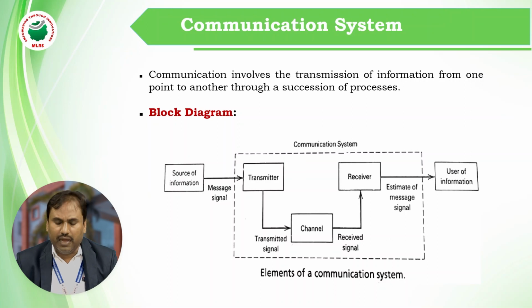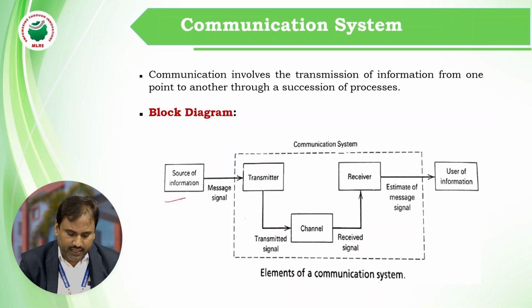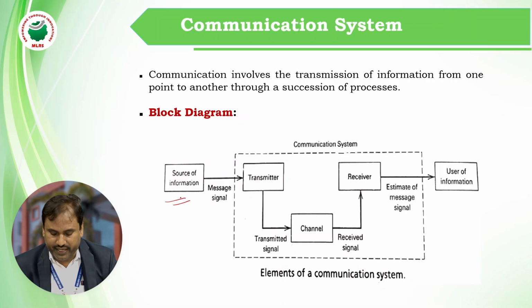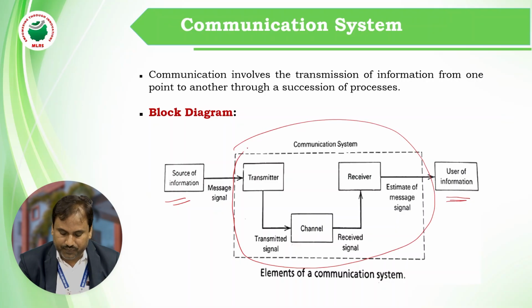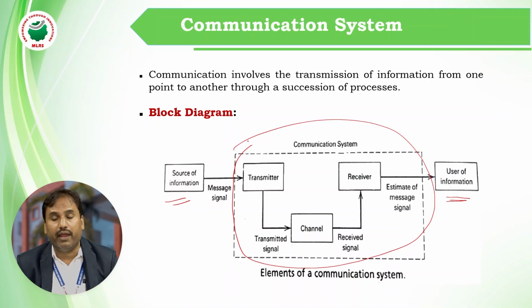So this is a block diagram of a communication system. It consists of the source information, that is our side, and the user information or destination side, that is this one. So this entire block is nothing but a communication system. In this communication system, the main parts or blocks are the transmitter, receiver and channel.